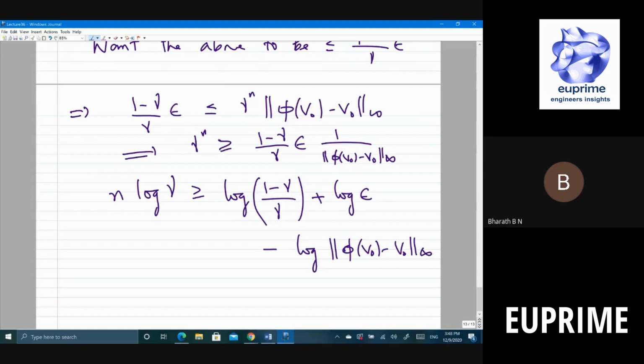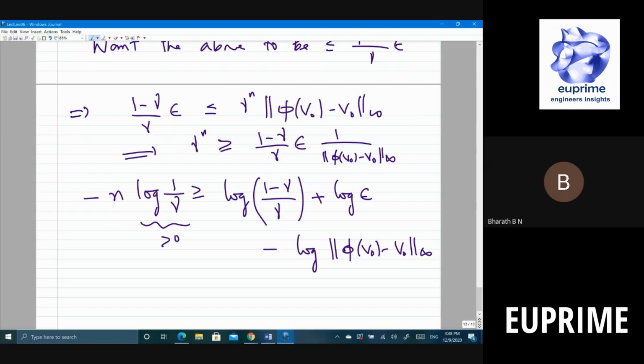If you look at this, what can you say about log of nu? I can write log of nu as the negative of log of 1 by nu. Do you agree? Since nu is less than 1, 1 by nu is greater than 1, therefore log of 1 by nu is positive, greater than 0.